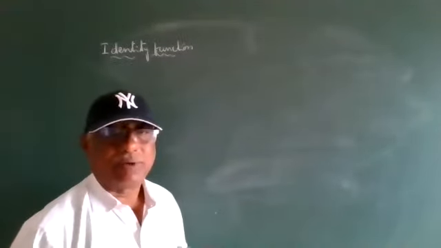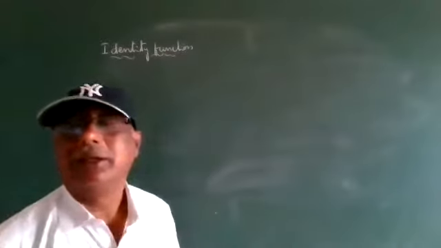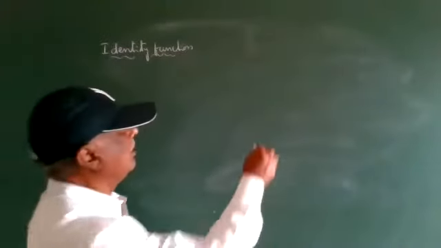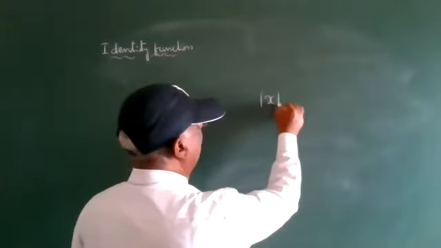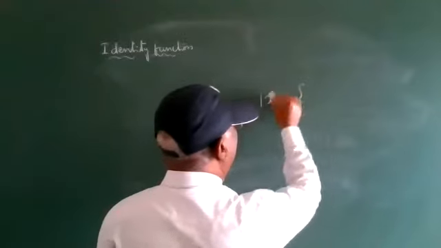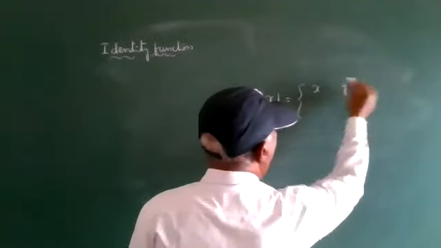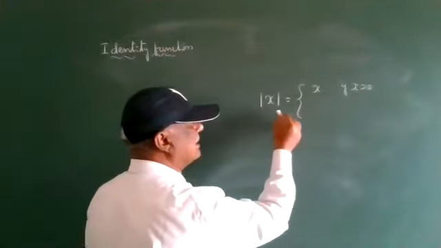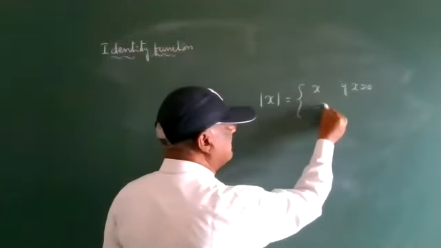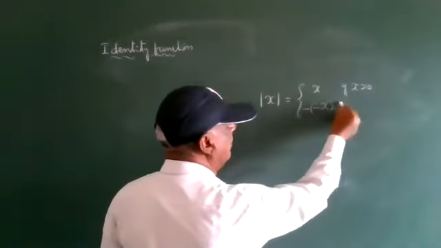Before that, the modulus function definition, everyone has it. Modulus x: we have the idea that the same x will come for a positive x value. Modulus of minus x is the same minus x with a negative value.